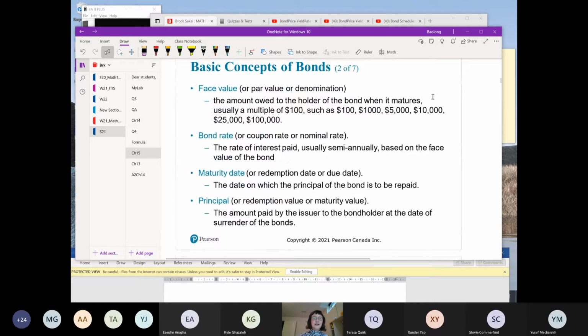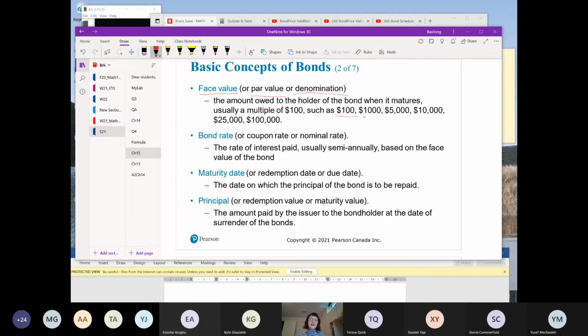So what is the face value? Face value has other names, par value or denomination. It is just the amount owed. For example, 100: you bought a bond of 100 means after certain years, you are going to be paid this $100.